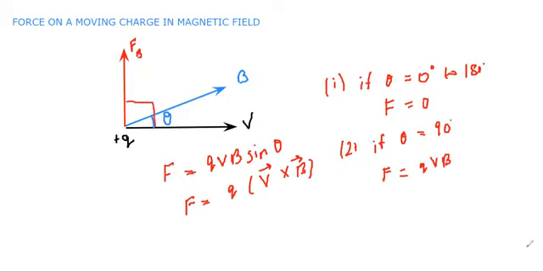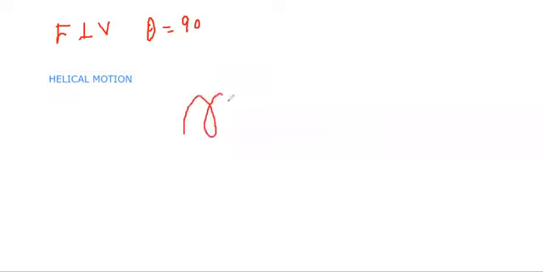So in that case, F is perpendicular to velocity, and the angle between V and B is also 90 degrees, and the charged particle experiences circular motion. In that region of magnetic field, it will be moving like this. It will be making circular loops until it exits from that magnetic field.